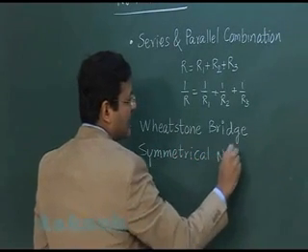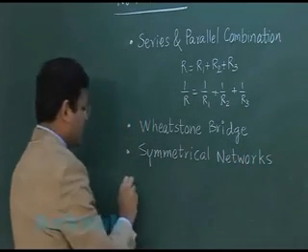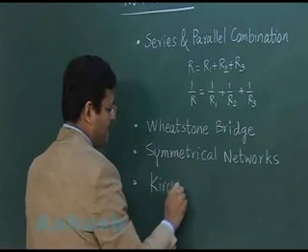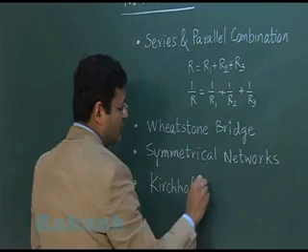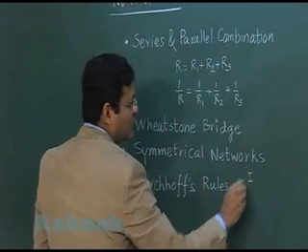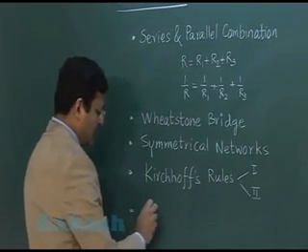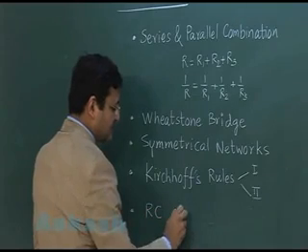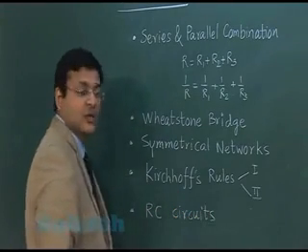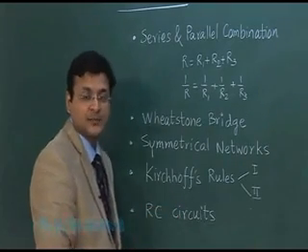Then you discussed the master formula, that is Kirchhoff's law or Kirchhoff's rule. Essentially there were two laws or two rules here. And finally we discussed RC circuits. We solved certain advanced numericals also, which involved the concepts of Kirchhoff's rules as well as RC circuits.